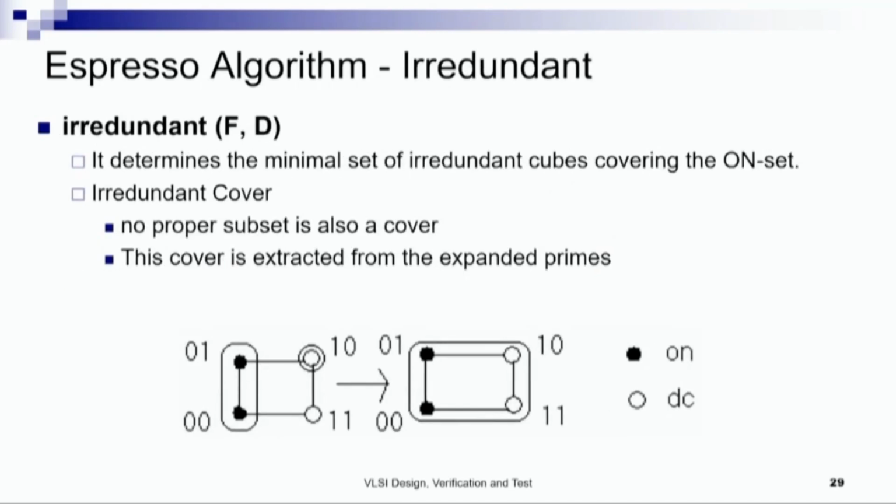After this expansion step, we arrive at the irredundant step. What does the irredundant step do? It determines the minimal set of irredundant cubes covering the onset. Now we have already expanded using a set of primes, but all primes may not be essential. A few of the primes will be redundant.